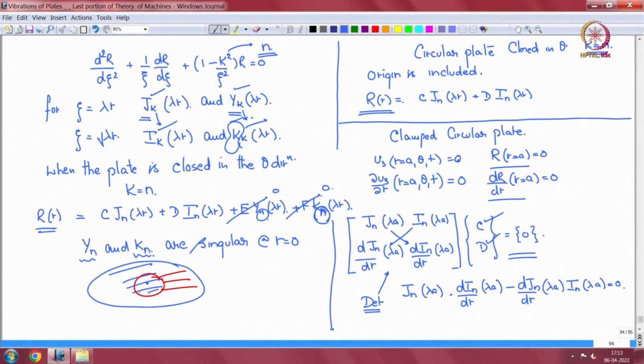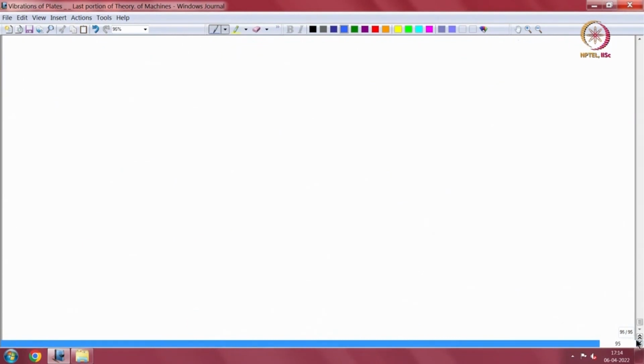Okay. So now this is satisfied by many values of λa. Many values of λa will satisfy this equation. So let's call them the mth order, λa with m going from 0, 1, 2, which satisfy the equation.